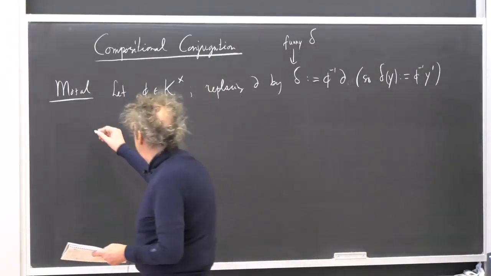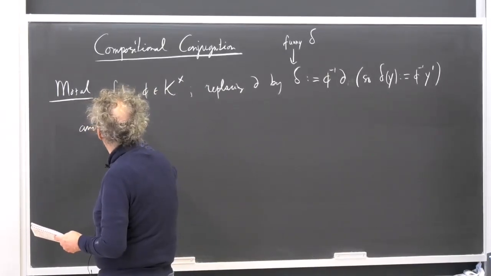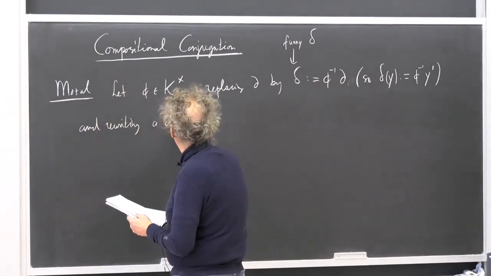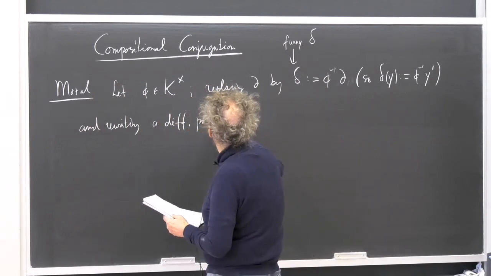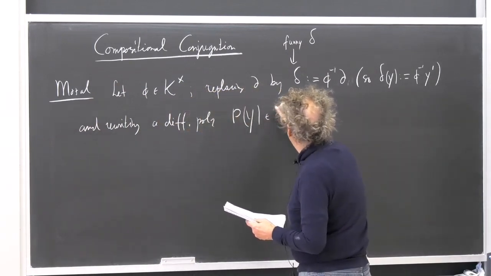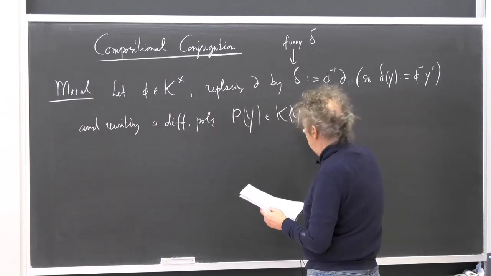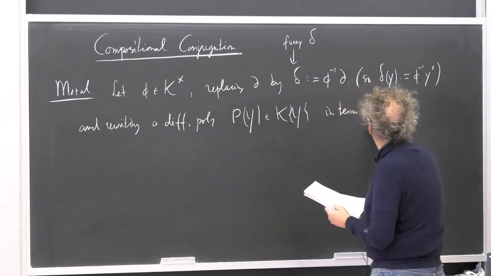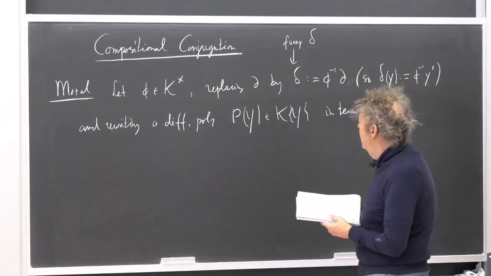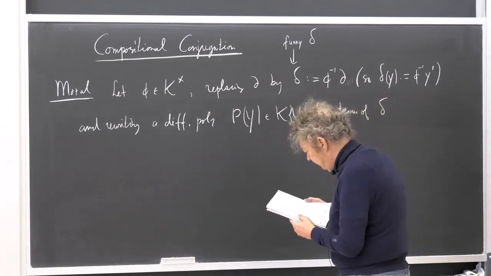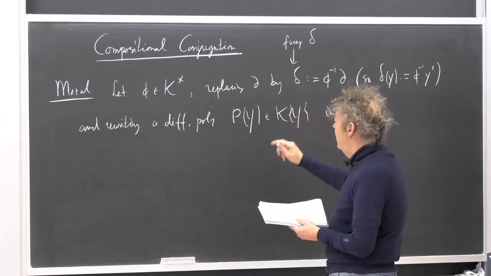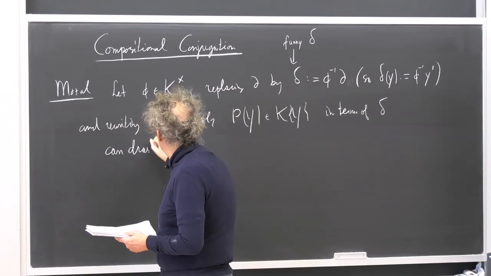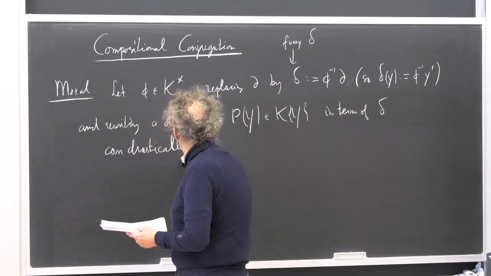Replacing this, and rewriting a differential polynomial P in K{Y} in terms of funny delta can drastically simplify things. We will see examples of that.